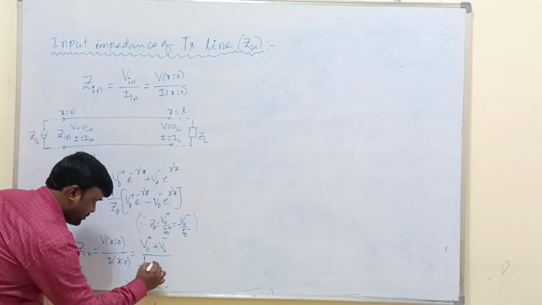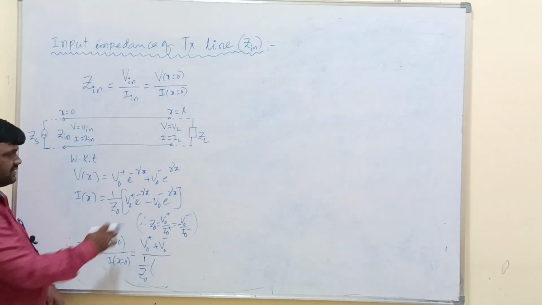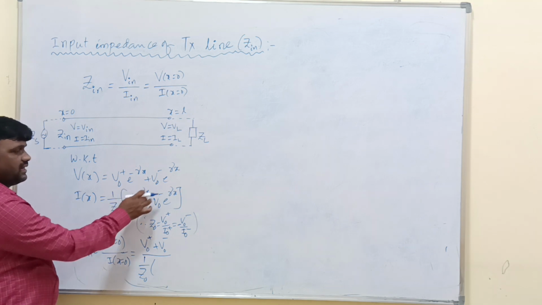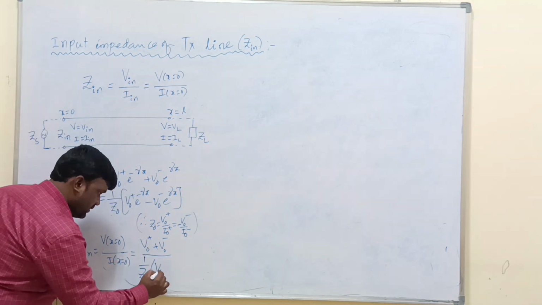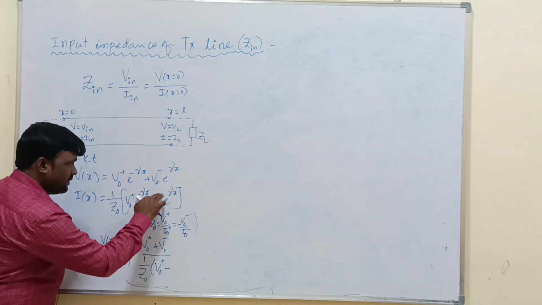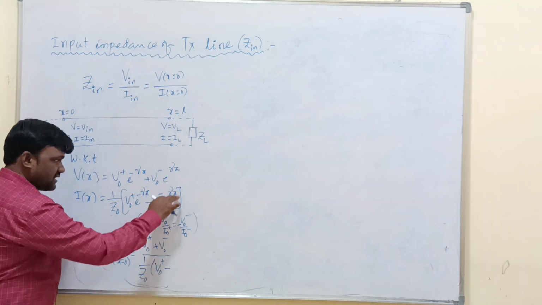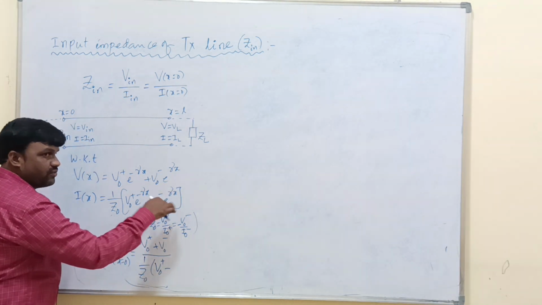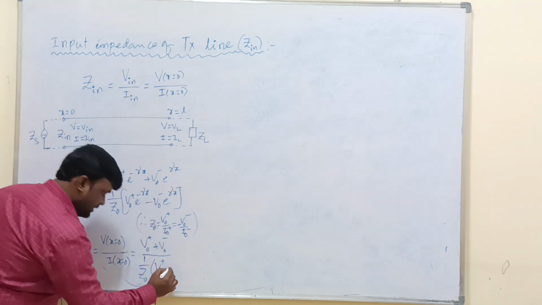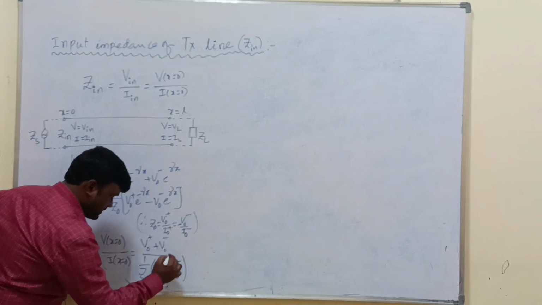Next we substitute x equal to 0 wherever we have x. This gives V naught plus e to the power 0, that is V naught plus only. Minus V naught minus e to the power gamma x, with x equal to 0, is e to the power 0, which is equivalent to 1, so we get V naught minus.